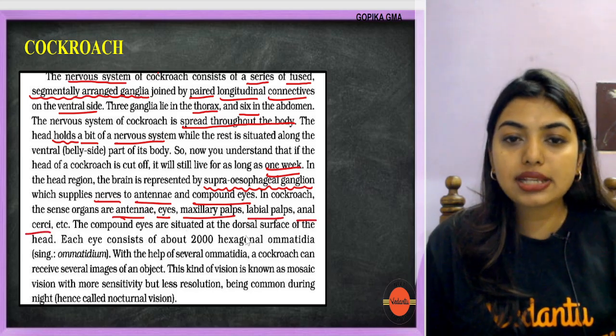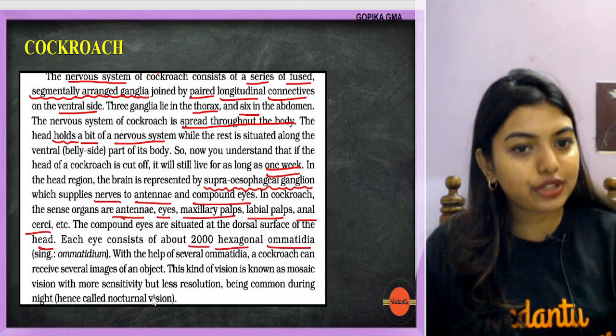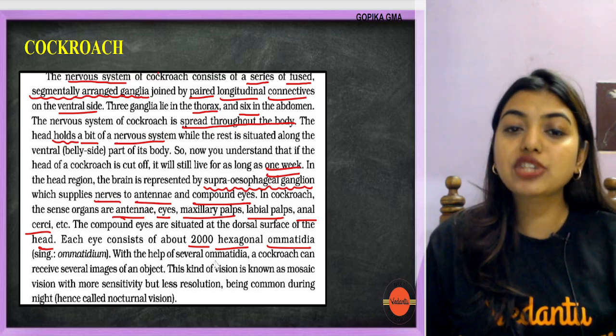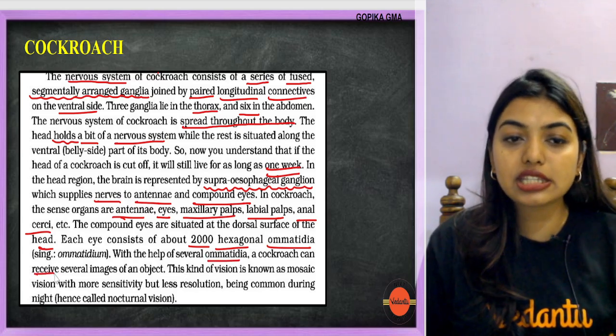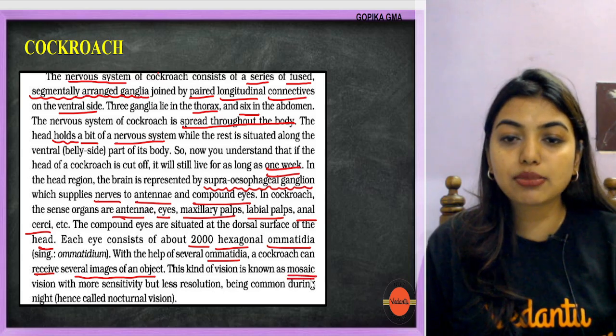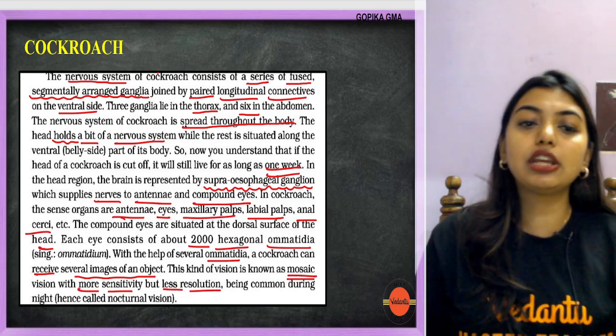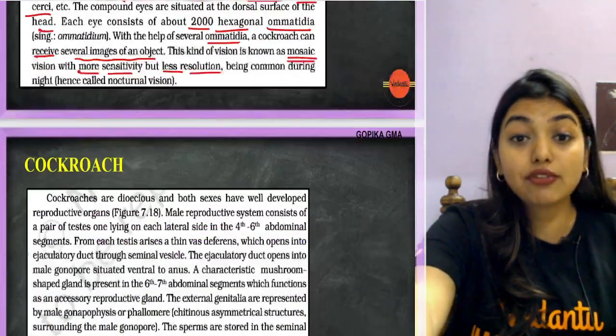See, the compound eyes are situated at the dorsal surface of the head. Each eye consists of 2000 hexagonal ommatidia. I already taught you this, right? With the help of several ommatidia, a cockroach can receive several images of an object. This kind of vision is called mosaic vision, with more sensitivity and less resolution, being common during the night. So they have nocturnal vision.